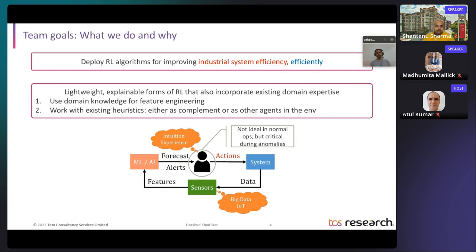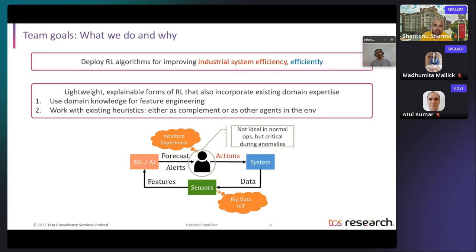Today's systems have a lot of sensors which measure big data, have IoT applications running on them, etc., which generate a lot of features, and these are sent to existing machine learning or AI algorithms which generate forecasts or alerts, predictions about what the system will do. These alerts are presented to a person who then uses his or her intuition and experience to decide what action needs to be taken on the system.